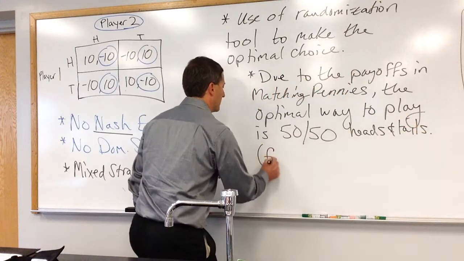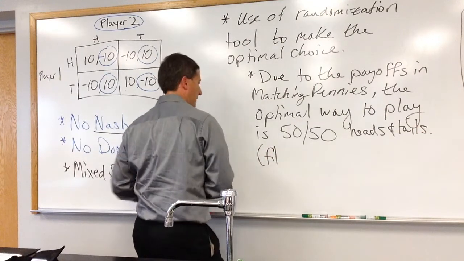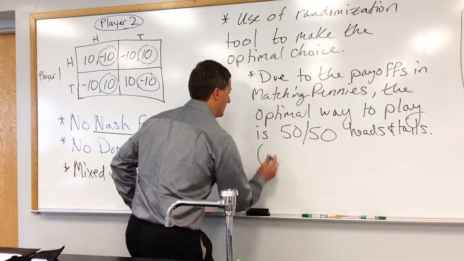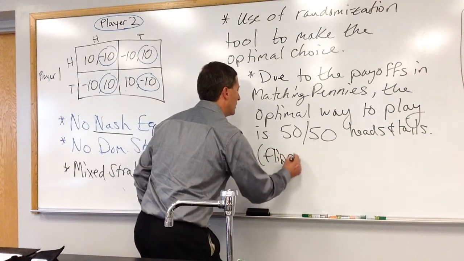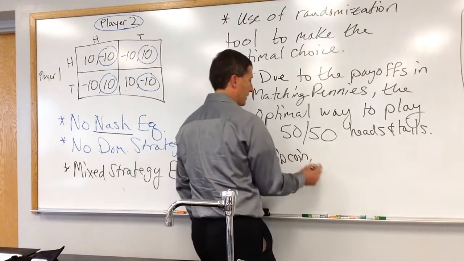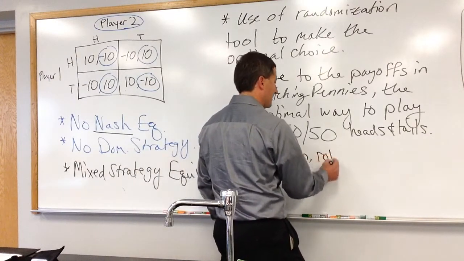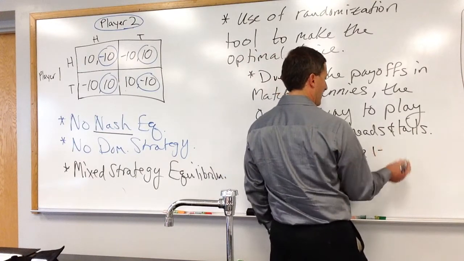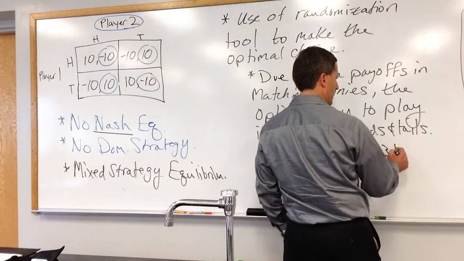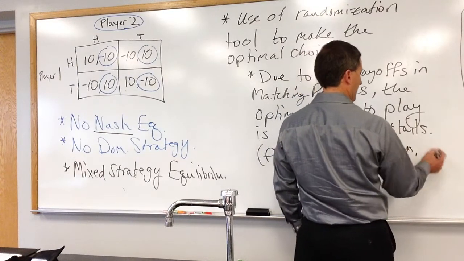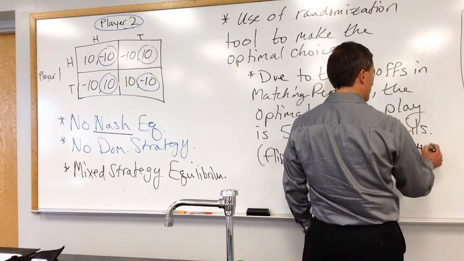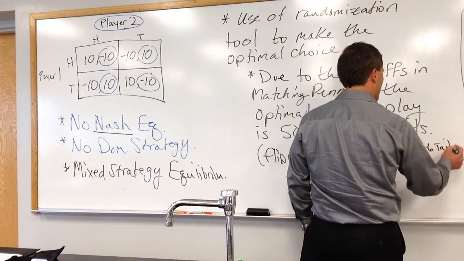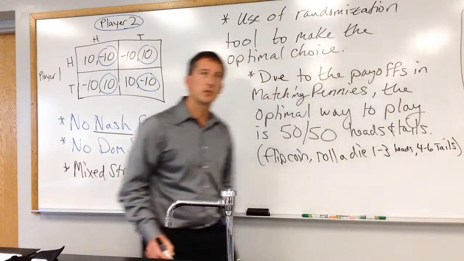In other words, you can just flip the coin. Flip the coin, roll a die, and 1 through 3 go heads, and 4 through 6 go tails. That would work too.